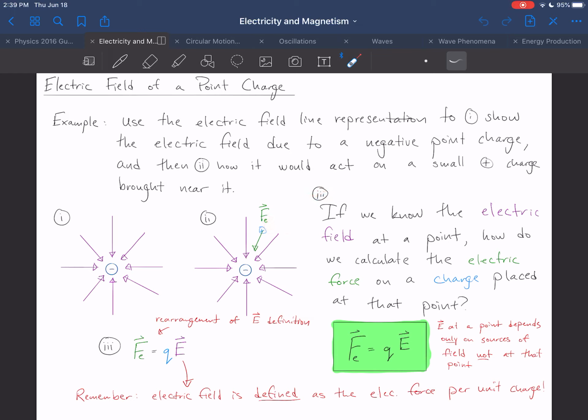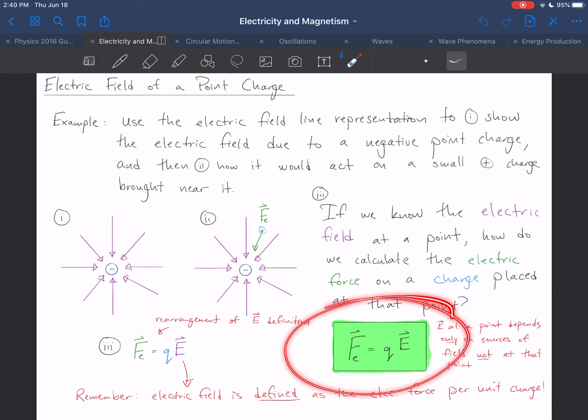So it's a two-step process. The negative charge in the center produces an electric field, E equals kQ over r squared r hat. That's the purple field, okay? Then that field interacts with another charge, small q, to produce the electric force.